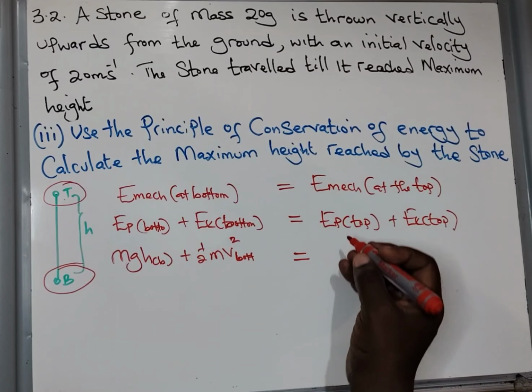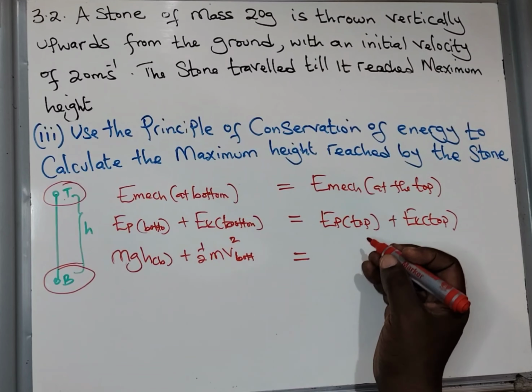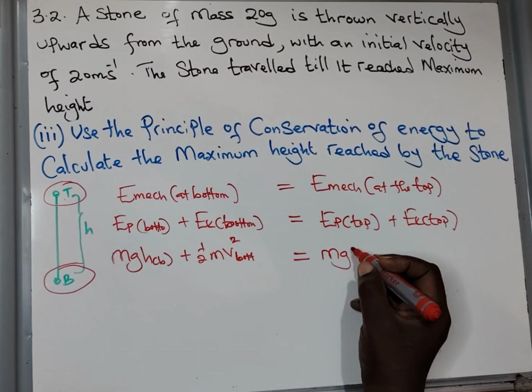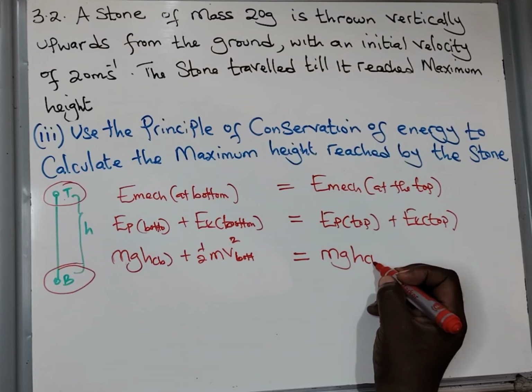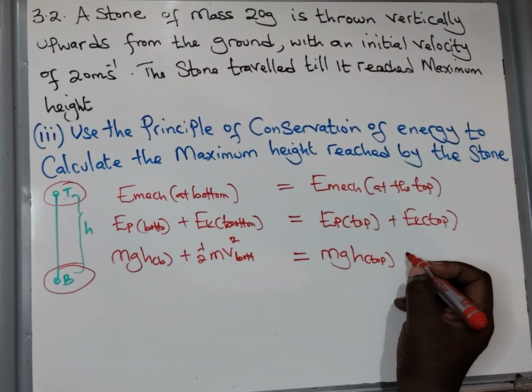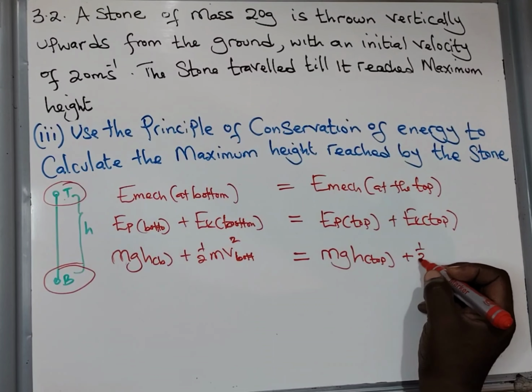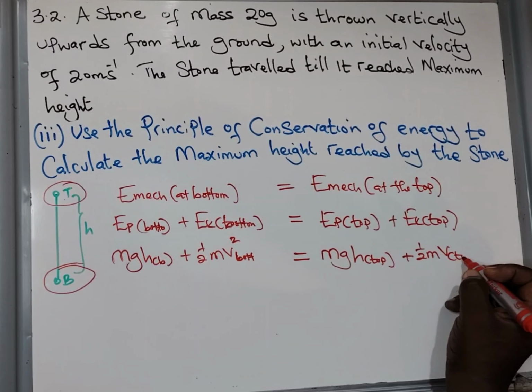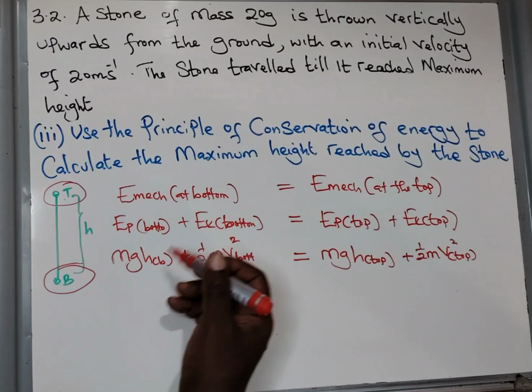Okay, this side, what do we have? The gravitational potential energy at the top, which is going to be mgh top, plus a half m v, and this velocity is at top squared. So what do we do here?